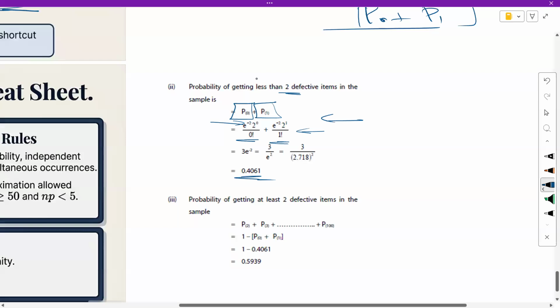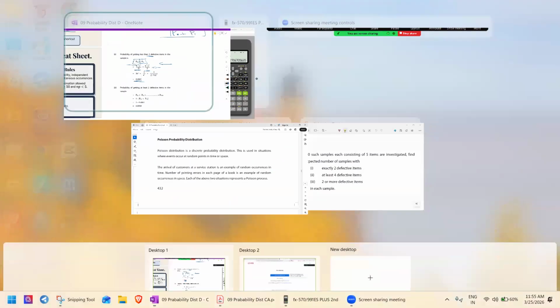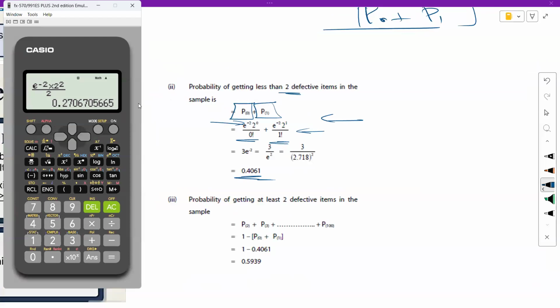Now let us try to use the binomial distribution to check the answer, to make sure the answer is correct.